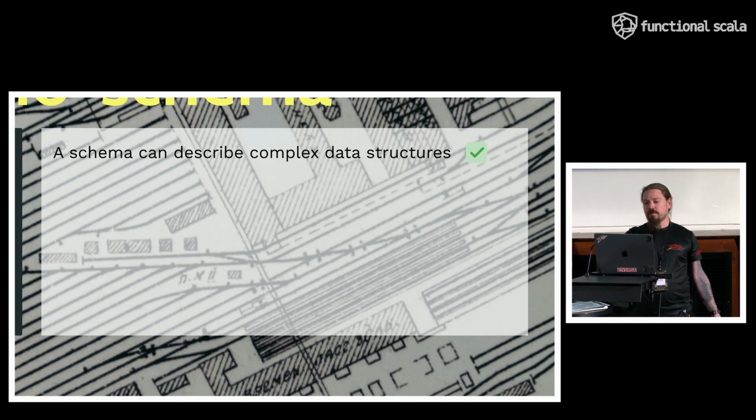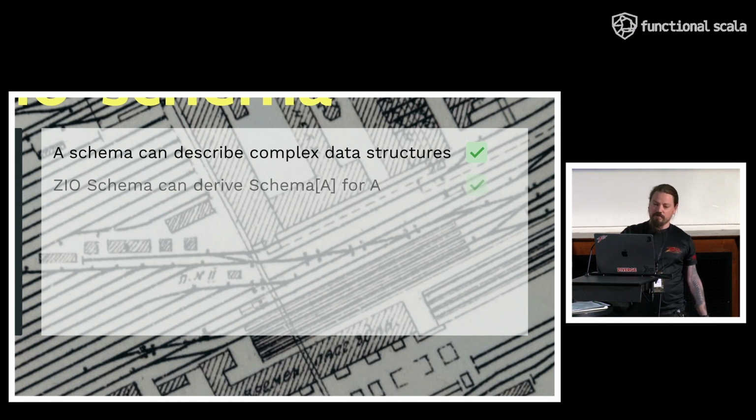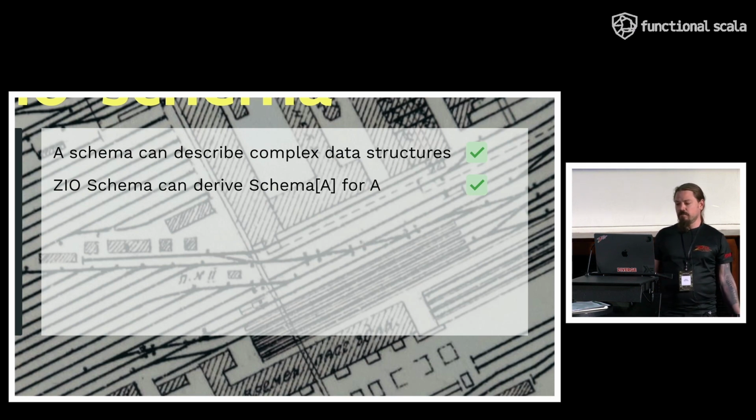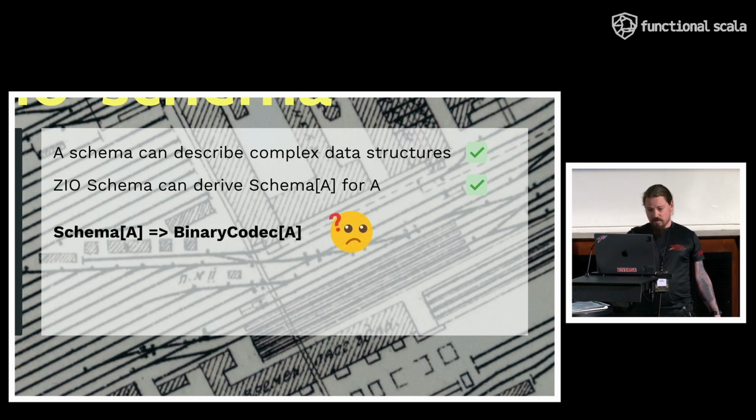A schema can describe your complex data structures, and ZIO Schema itself has its own derive method that creates a schema for your types. So it seems like a good idea to just take a schema of A and somehow transform it to a binary codec of A. But that's not that simple, unfortunately.